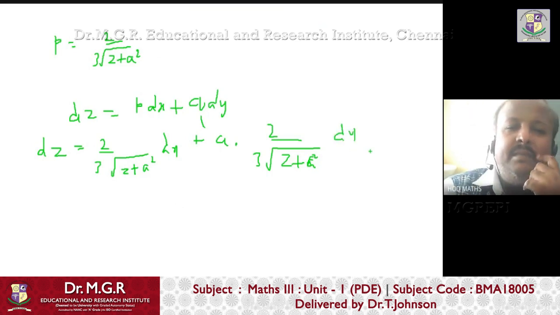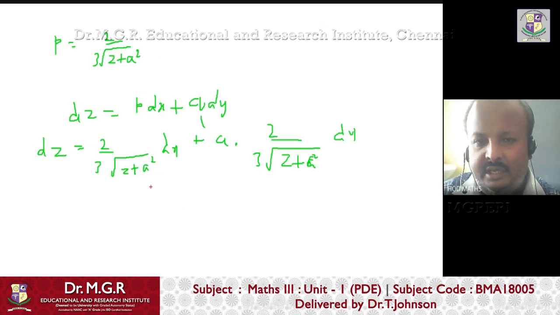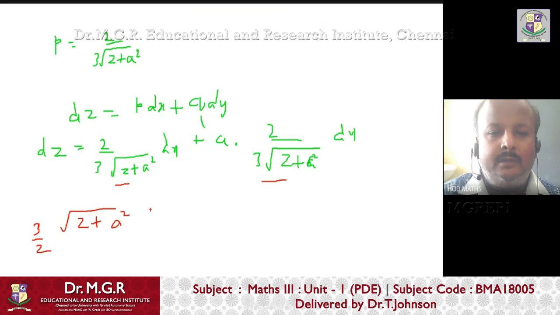Right? So again the same idea. Since it is only a function of z, you can take this on the other side and write this as again 3 by 2 square root of z plus a square dz is equal to dx plus a dy.